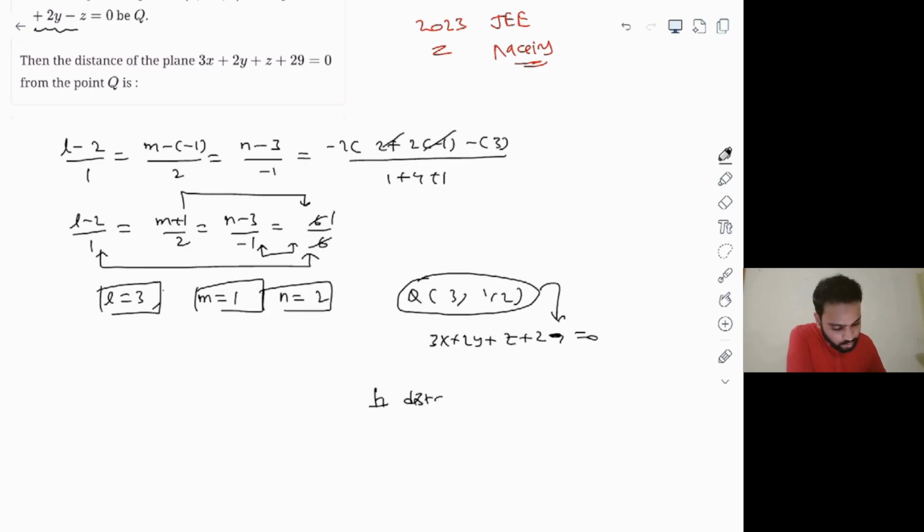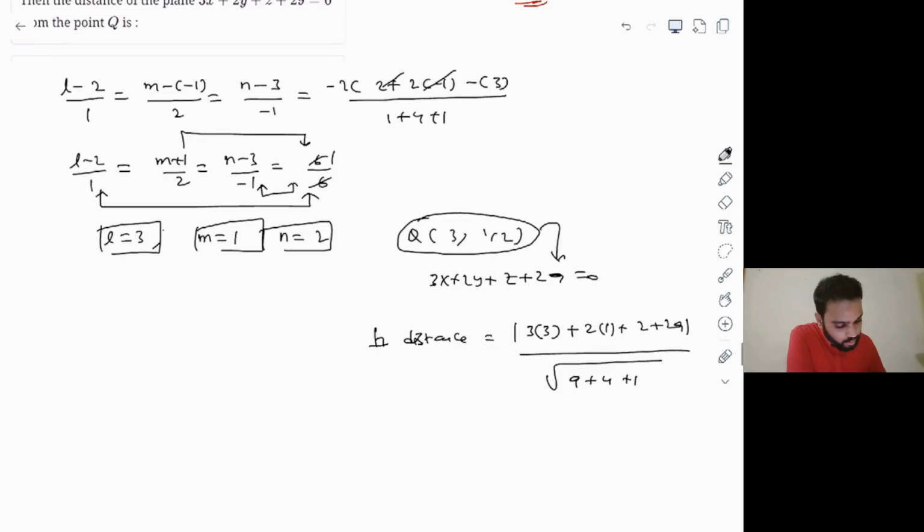So the perpendicular distance formula is the modulus of, we know the formula very well, 3 into 3 plus 2 into 1 plus 2 plus 29, whole divided by the square root of a square plus b square plus c square. Let's finish the calculation also here, which is 9 plus 2 is 11, 11 plus 29 is 40, plus 2 is 42, divided by square root of 14.